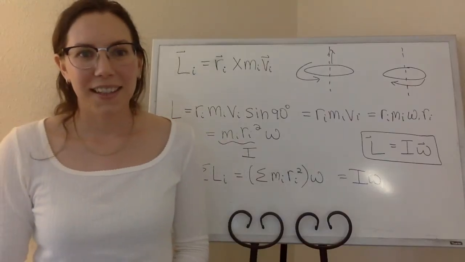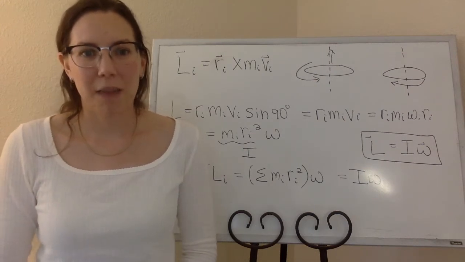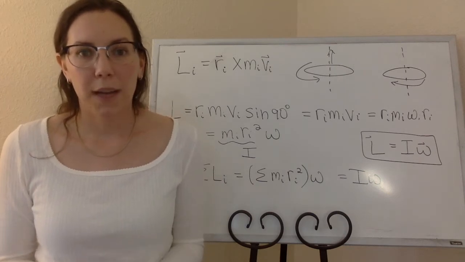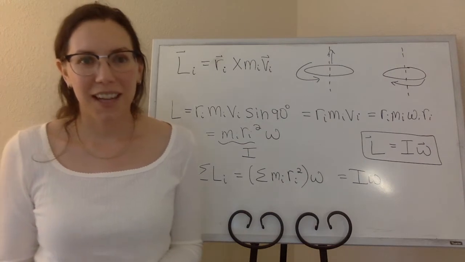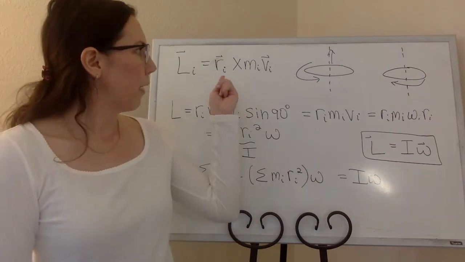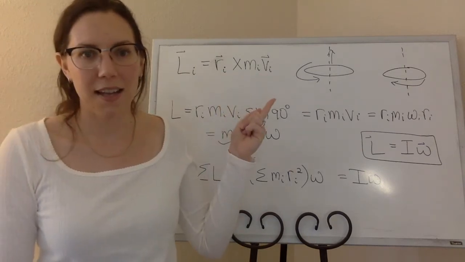Let's consider a rigid body that's made up of many individual mass elements of mass m_i, or mass particles, and we want to find the total angular momentum for that rigid body. What we can do is find the angular momentum for each particle element using our definition of r cross mv. So we have r_i cross m_i v_i.